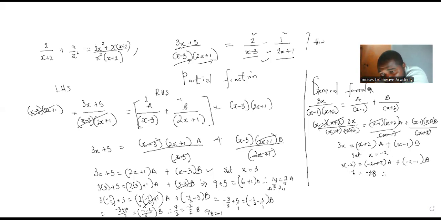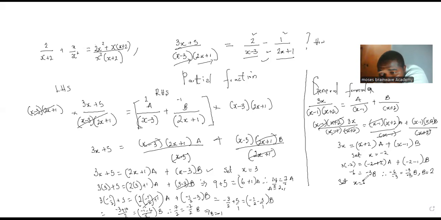So if I divide both sides by minus 3, technically my B is going to be 2. Good. So secondly, if we set x to positive 1.